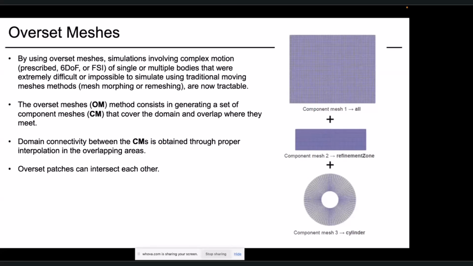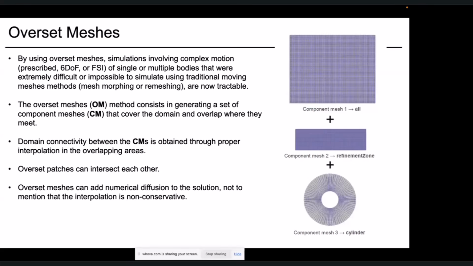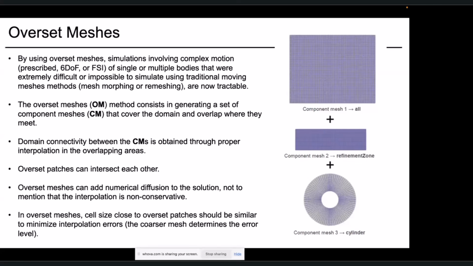And these overset patches can theoretically intersect each other, and even then the solution doesn't diverge. That's one of the most advantageous features of these overset meshes. And as I said, overset meshes can add numerical diffusion to the solution, and the interpolation is non-conservative, which causes the loss of accuracy in the solutions.